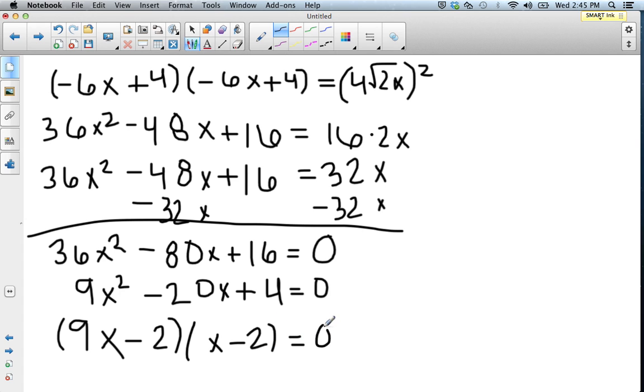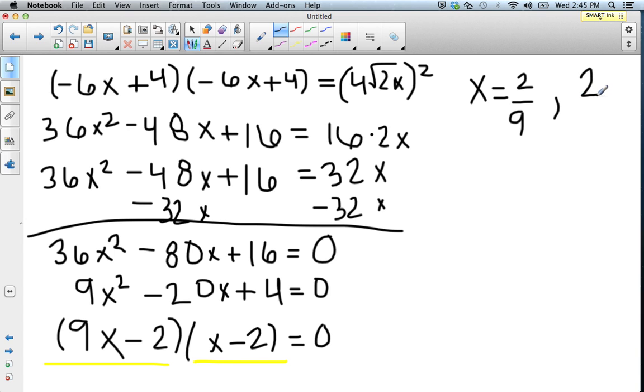So the zero product property says that if we have two quantities multiplied together, 9x minus 2 and x minus 2, if they equal 0, one of them must be 0. So I know that my x is going to be 2 over 9. And that's from setting this equal to 0, adding the 2, dividing by 9, or positive 2.